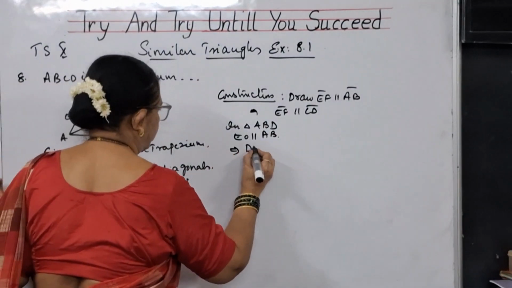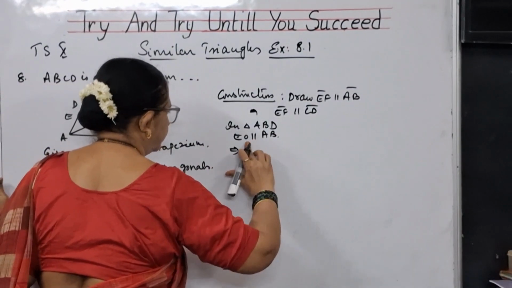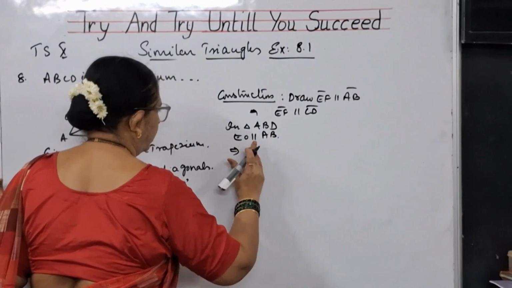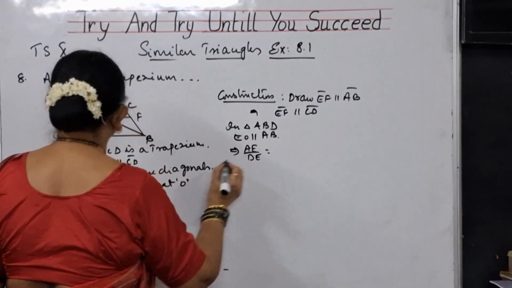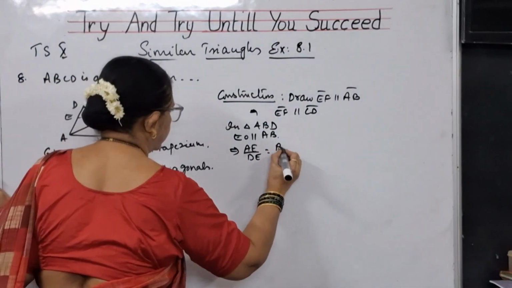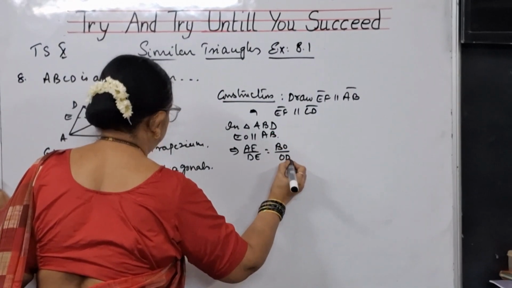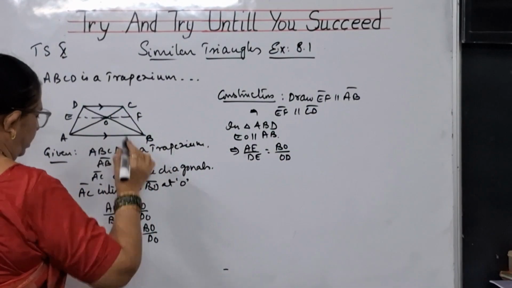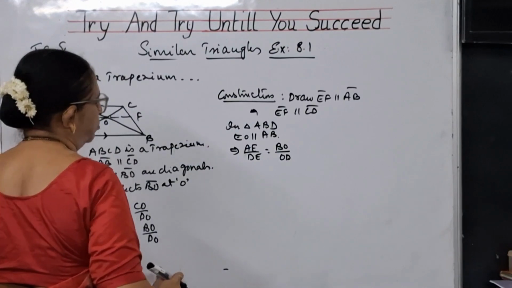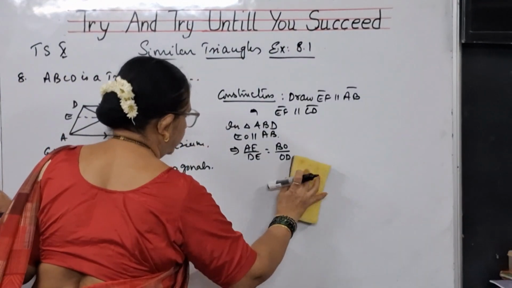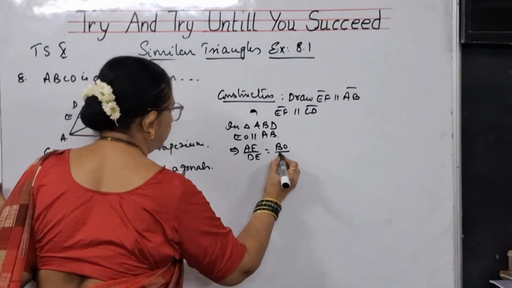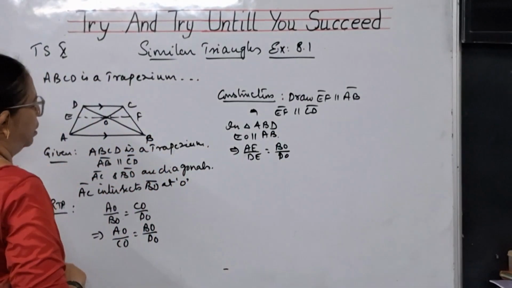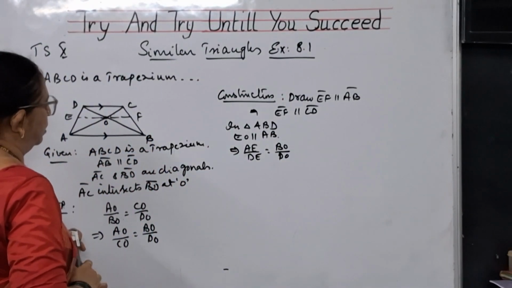AE by DE is equal to BO by OD. BO by OD or BO by DO you can write. BO by DO, okay, in triangle ABD.